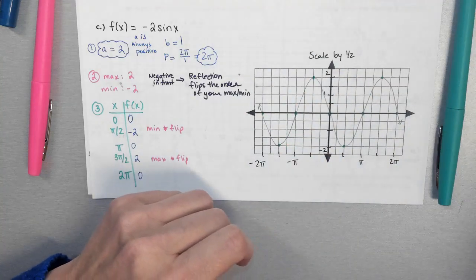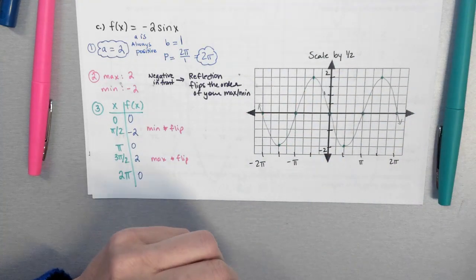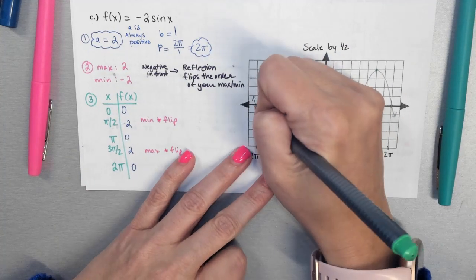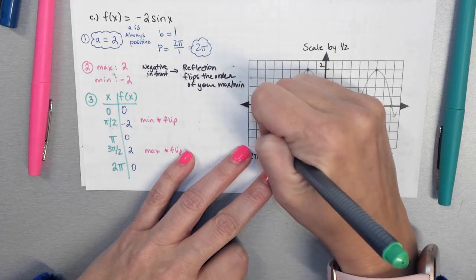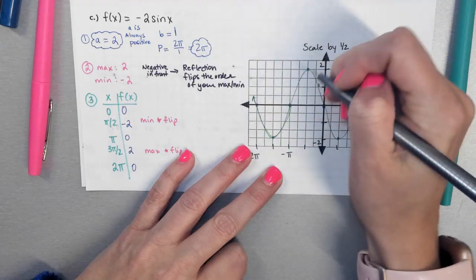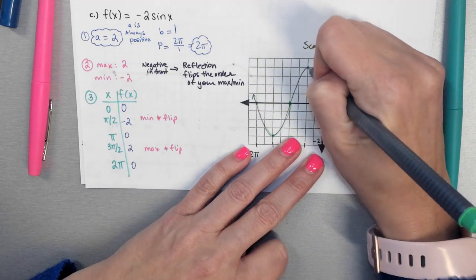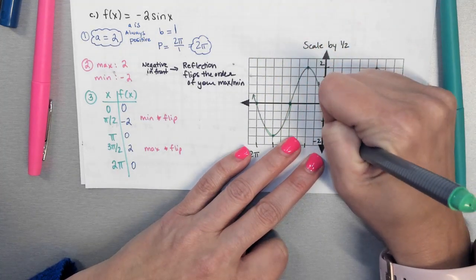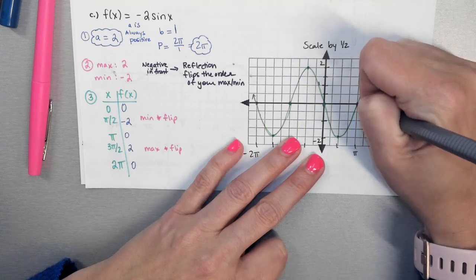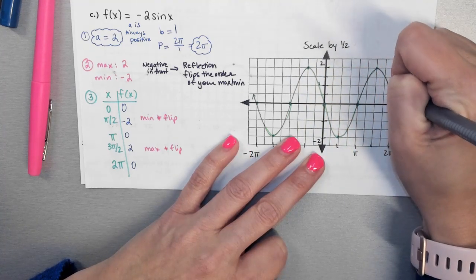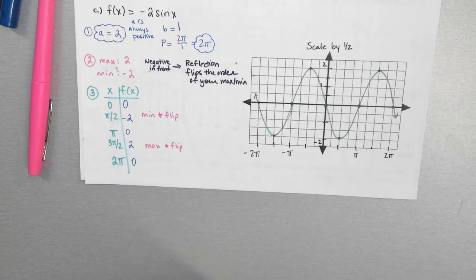And then sometimes I just go over it in a marker so that it shows up a little better. Just make sure that you do have your curves, no straight edges.